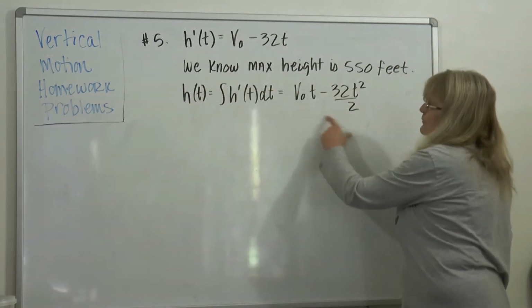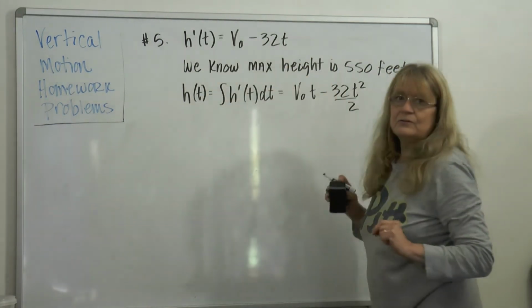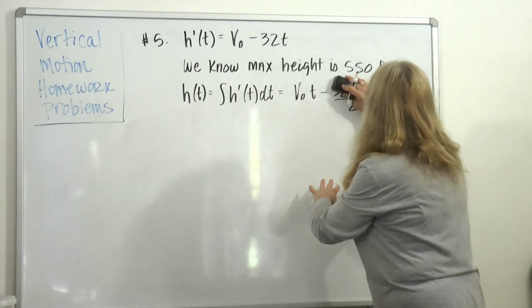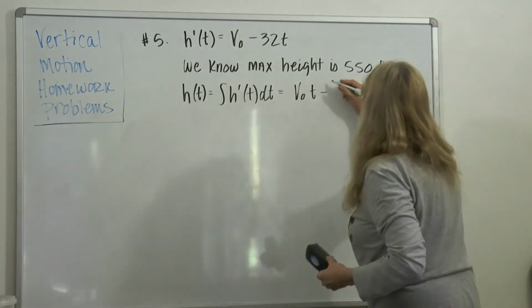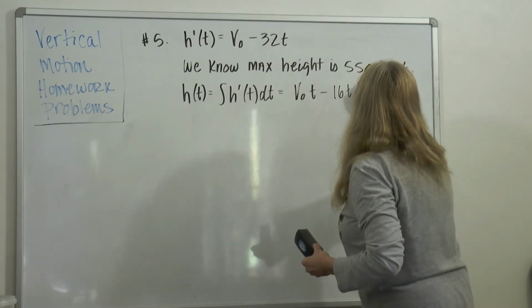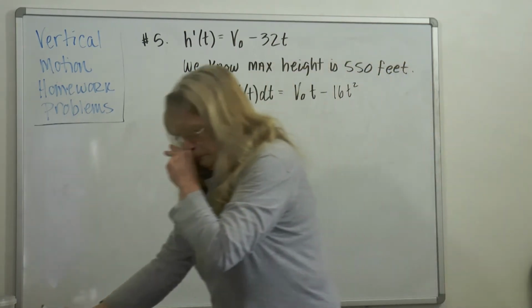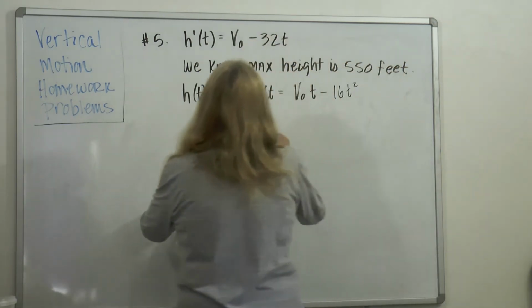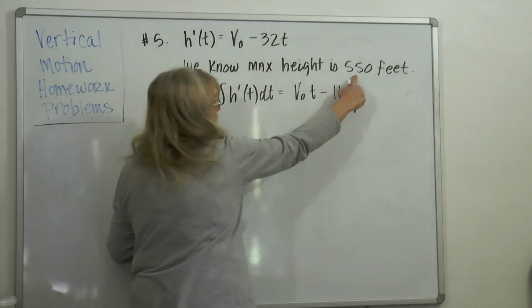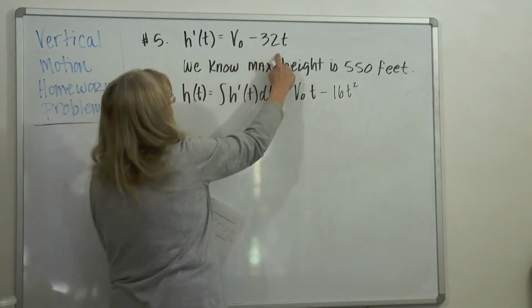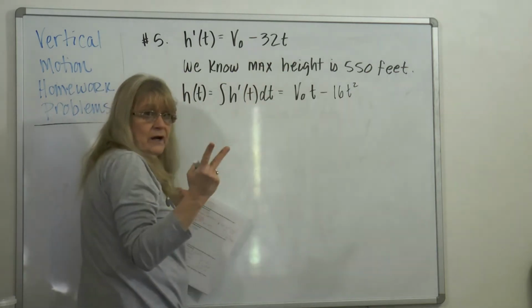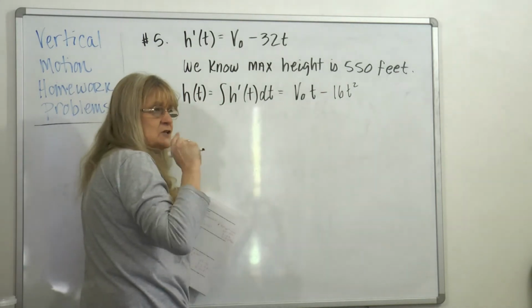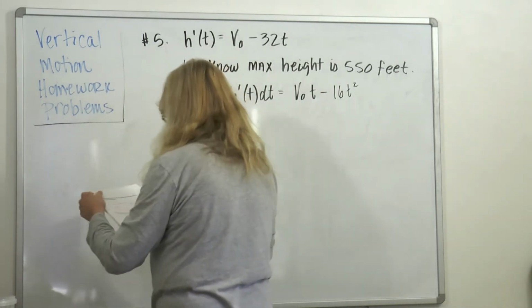From this point on, when I integrate negative 32t, I'm just going to write minus 16t squared. Okay, because it's consistent since it's gravity. All right, so I know that this equals that, and I know about this. That gives me two equations with two unknowns. I have to pare it down to one equation and one unknown.